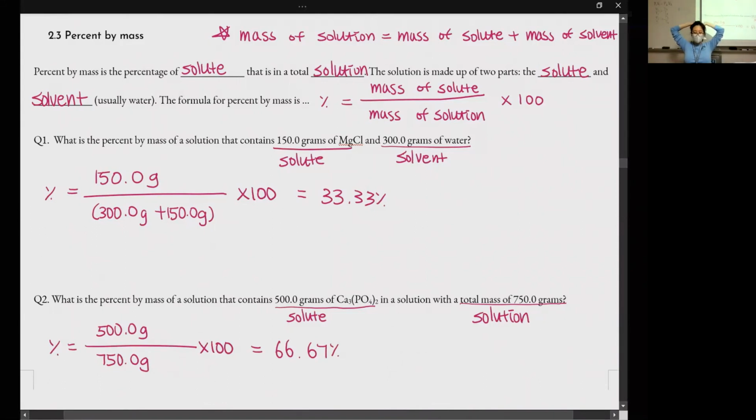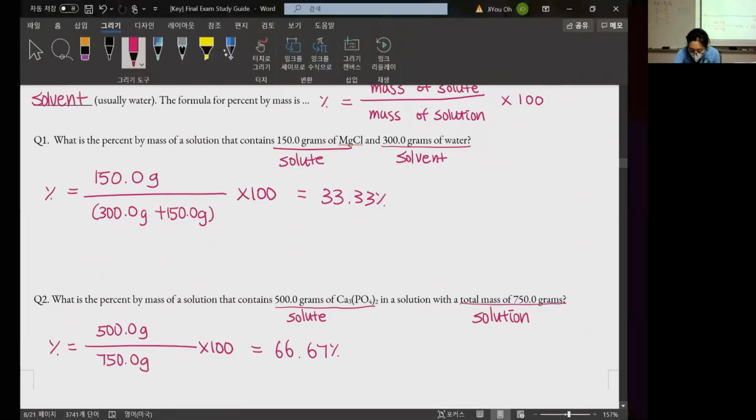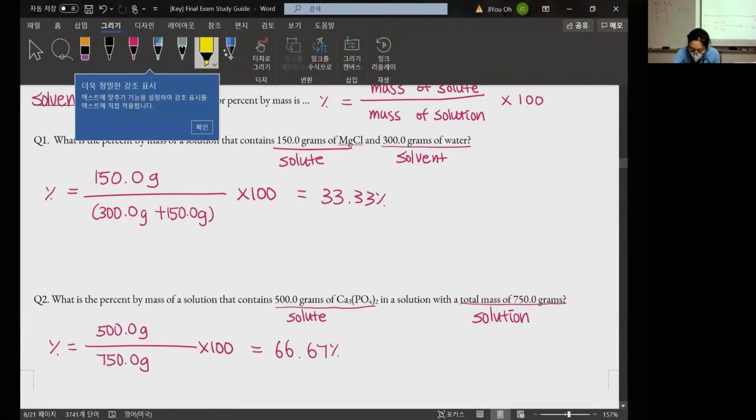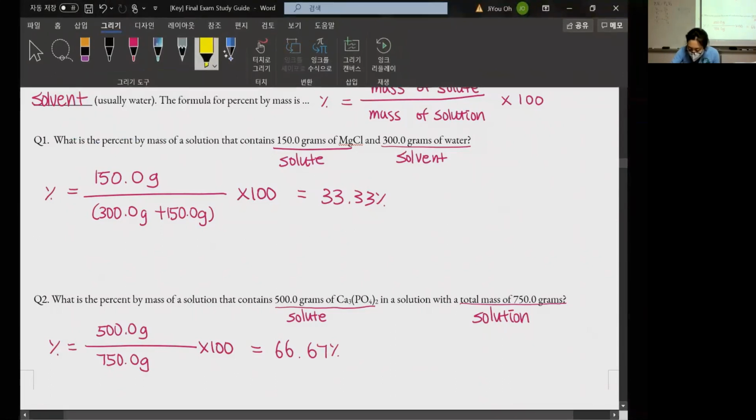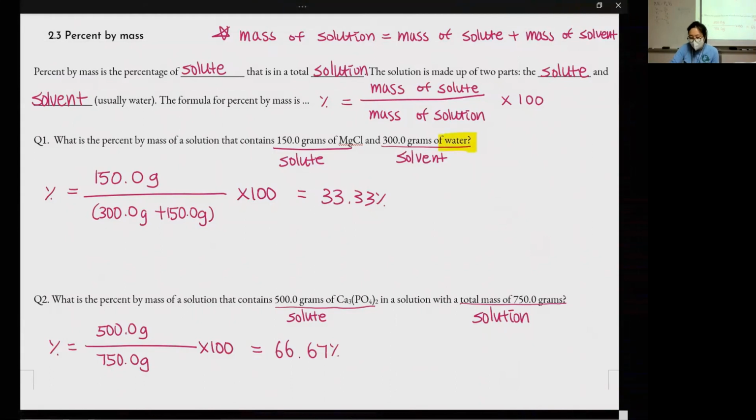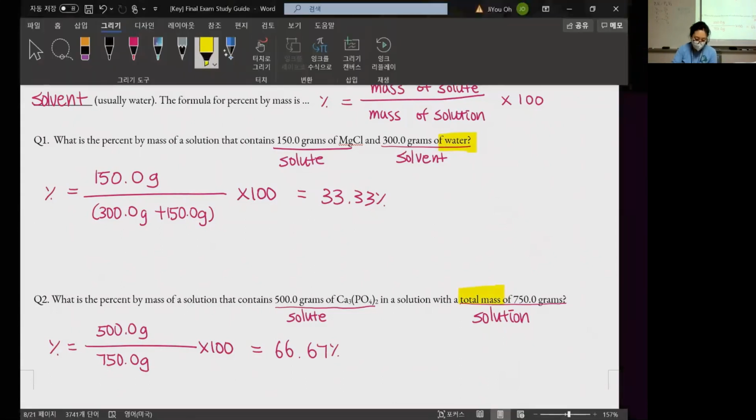All right, so that's gonna be the percent by mass. Just pay attention to the last word. If it says water, like water right here, then that's the solvent. Total mass is the solution. Those are the key to know the difference.